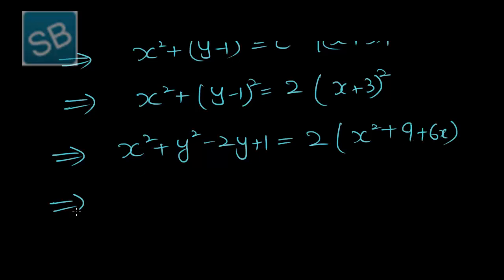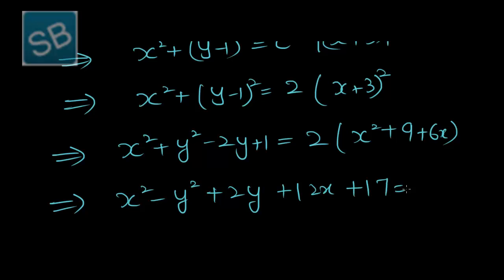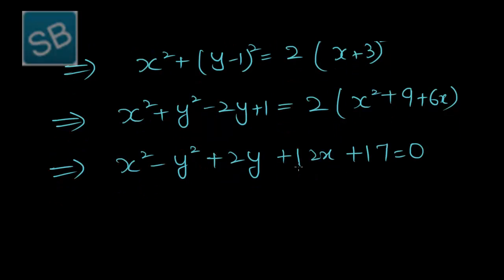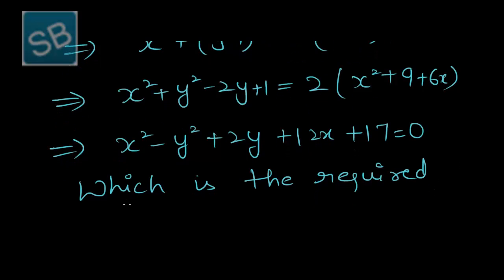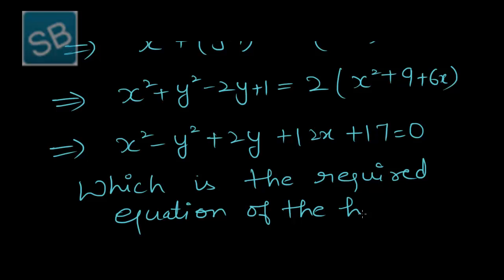So on solving these, we will get x square minus y square plus 2y plus 12x plus 17 is equal to 0, which is the required equation of the hyperbola.